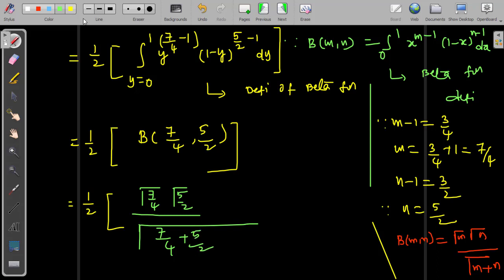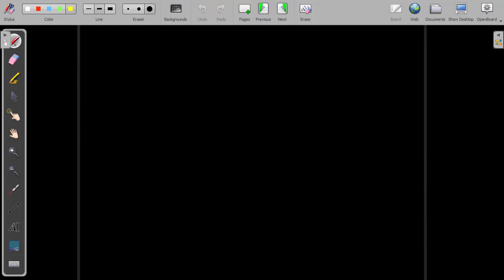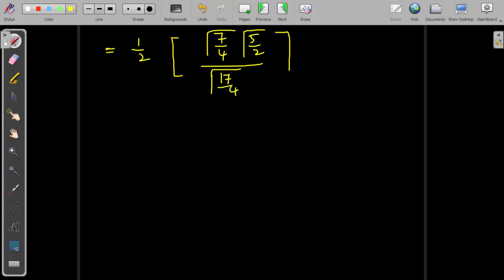The numerator stays the same, but in the denominator, the LCM is 4, so 7 plus 10 is 17 by 4 in total. So this will be equal to half times gamma of 7 by 4 times gamma of 5 by 2 divided by gamma of 17 by 4, because the LCM is 4 in the denominator.